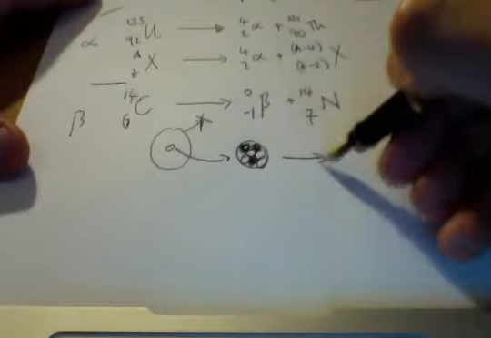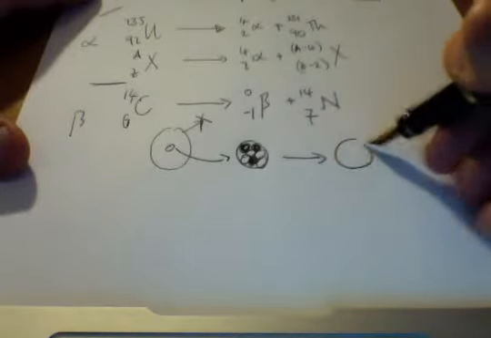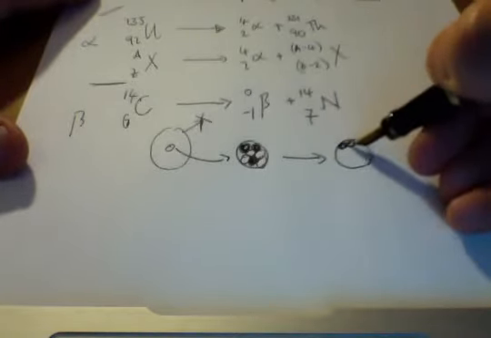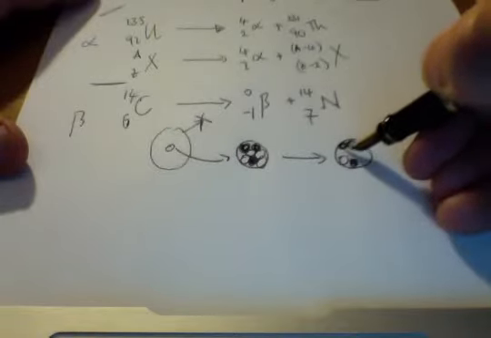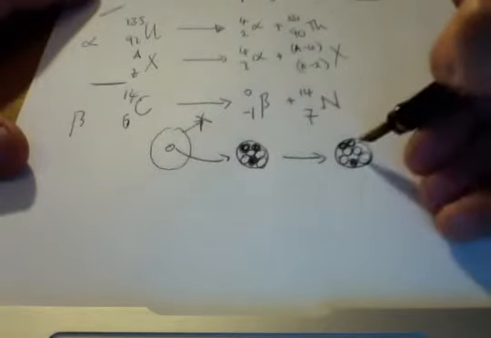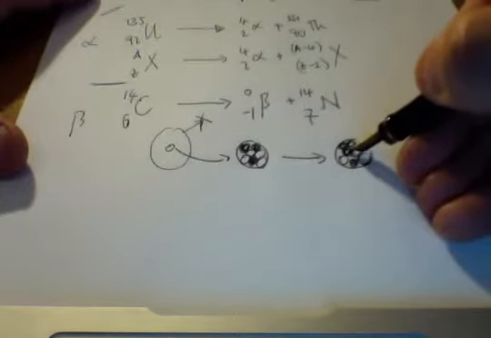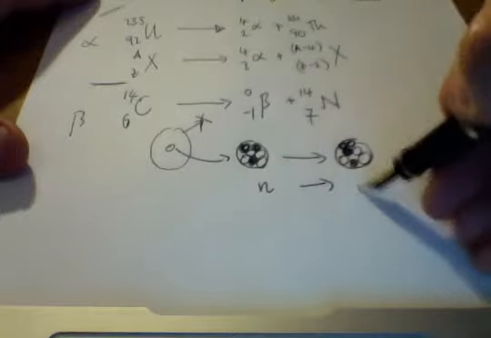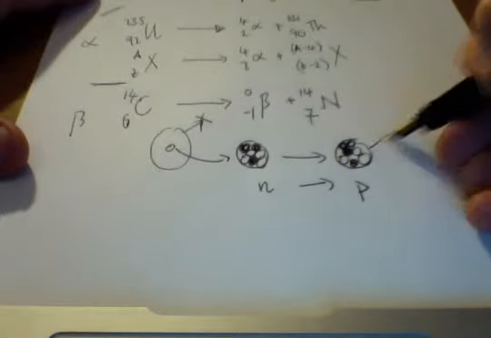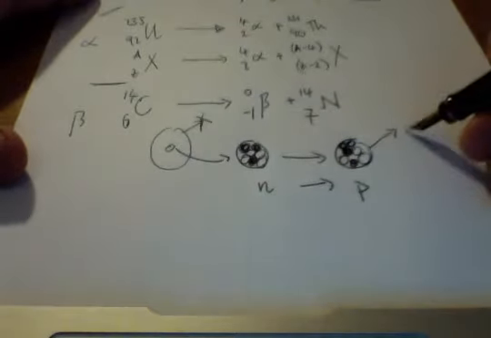Then what takes place is, let me just draw in the protons, here comes the neutrons, one of those neutrons turns into a proton, and in doing so it shoots out an electron.